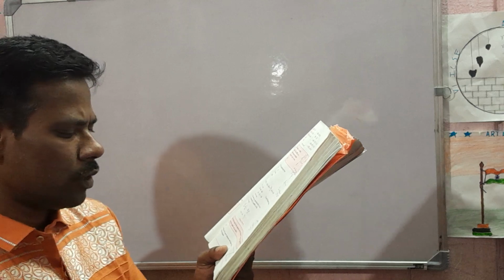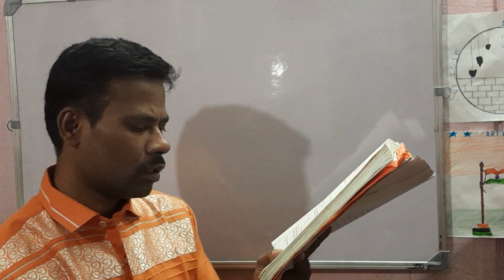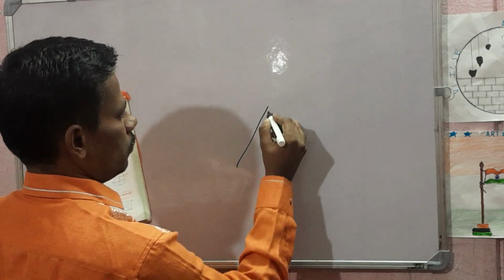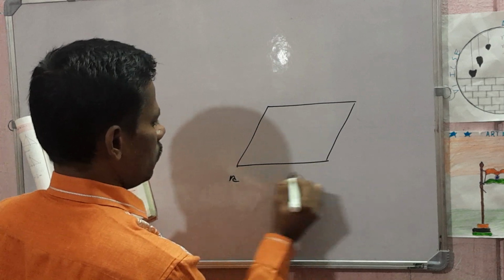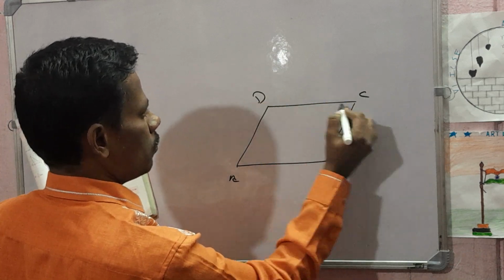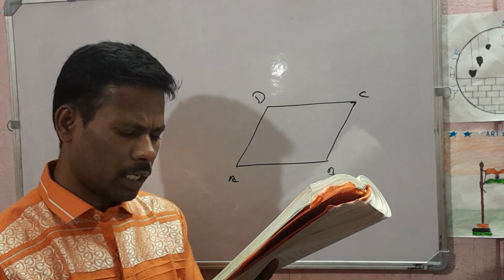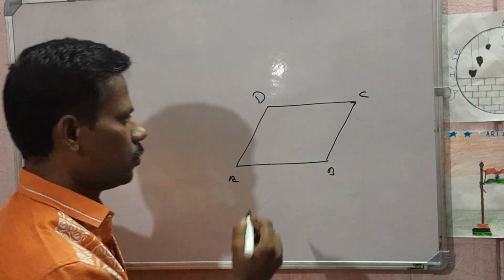Prove that the sum of squares on the diagonals of a parallelogram is equal to sum of squares on its sides.